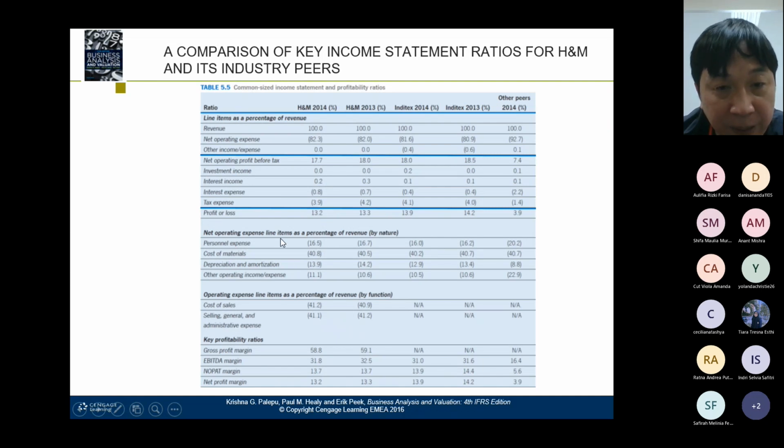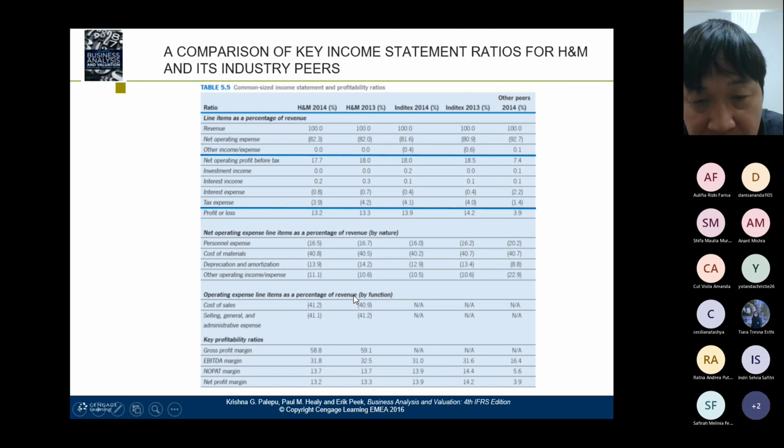Okay, so let's look at operating expense items as a percentage of revenue. The table demonstrates the personnel expenses, cost of material, depreciation and amortization, and the other operating income and expenses. This is by nature, by definition listing all of the expenses.